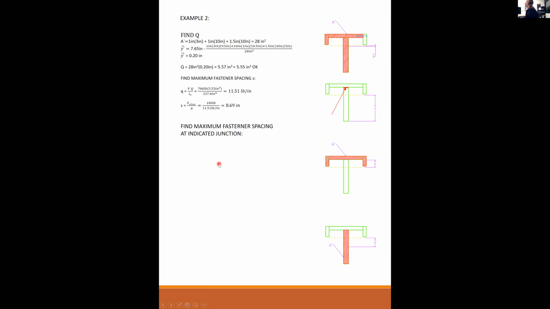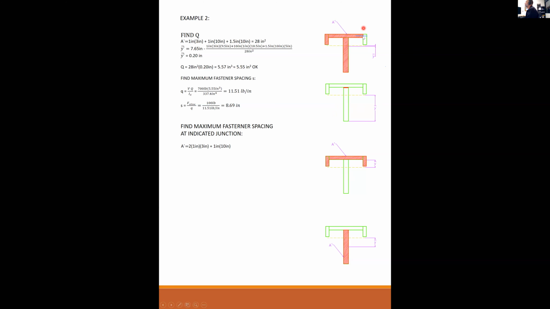Now let's find what the maximum spacing would be at this shear plane here between the top half and the bottom half. So to do this, same procedure, but I need to find A prime. If the shear plane is horizontal, then A prime is everything located above or below the shear plane.